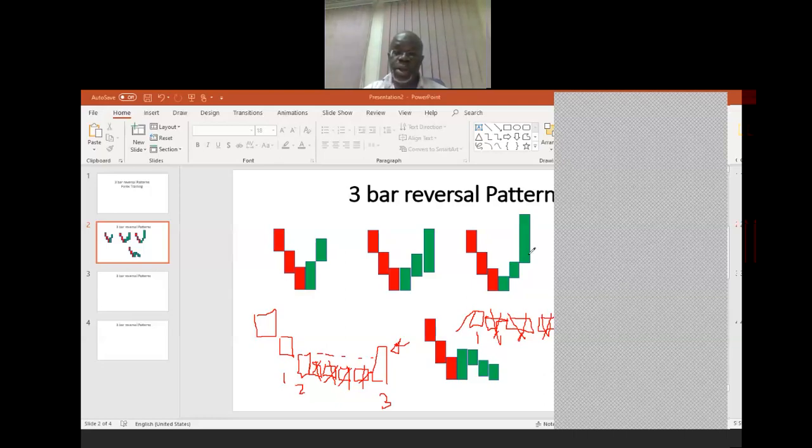But these ones normally appear at the tail end of a long trending pattern, whether trending long or trending short, usually at the tail end or at the bottom. That's where you're likely to see these kinds of patterns. And when they happen, you know it's time to start changing your trades.